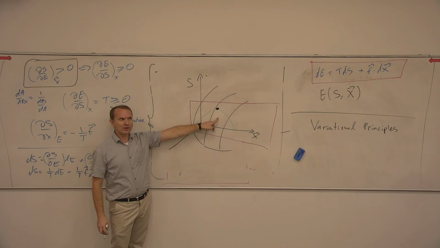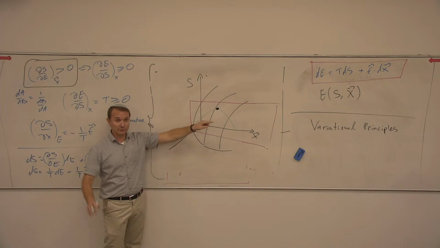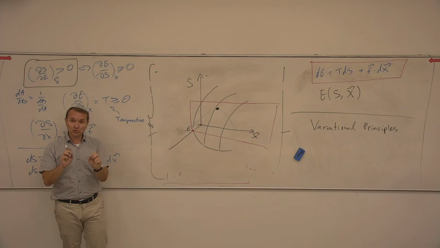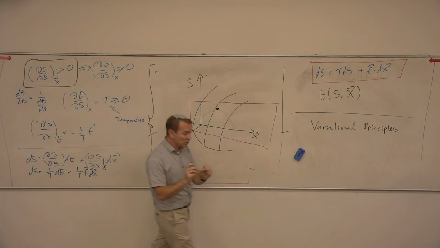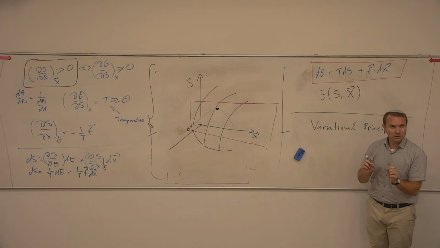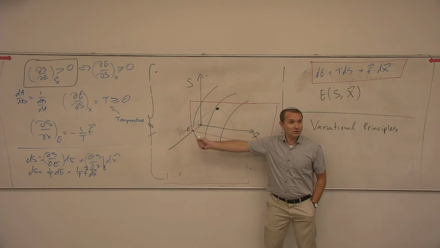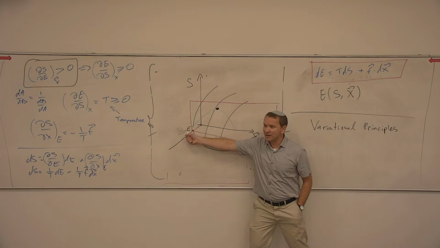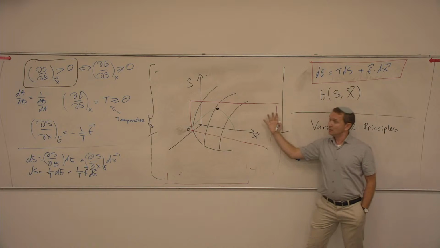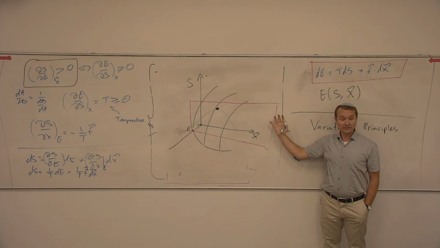The second law of thermodynamics tells us that if you leave your system on its own, it will reach a position where the entropy is maximal. What do you mean you keep your system on its own? You keep energy constant, so the system lives only in this two-dimensional flat plane.